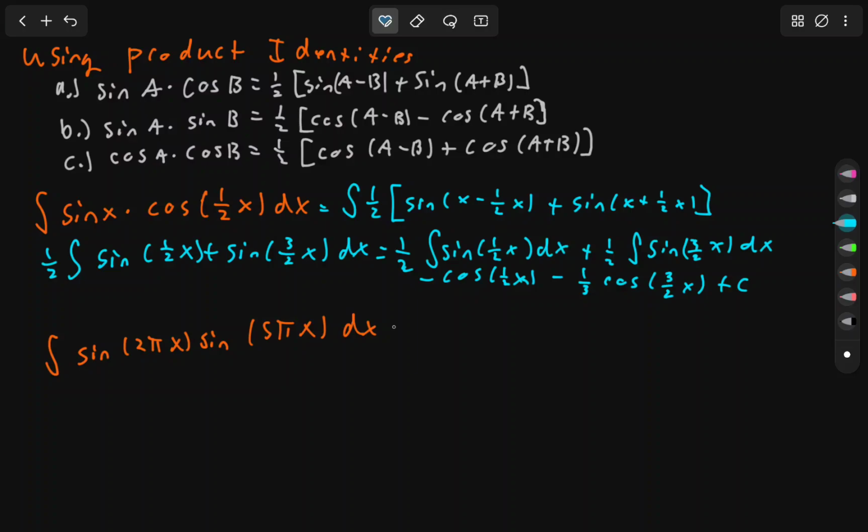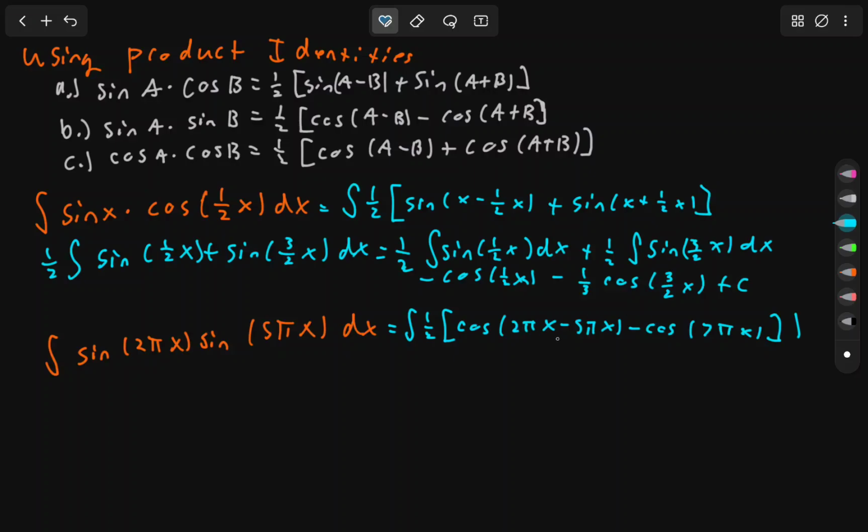So this is going to be the same thing as the integral of 1/2 cosine of a minus b, which in this case a is 2 pi x minus b, which is 5 pi x, minus cosine of 7 pi x, which I already added in my head just to save some space here.